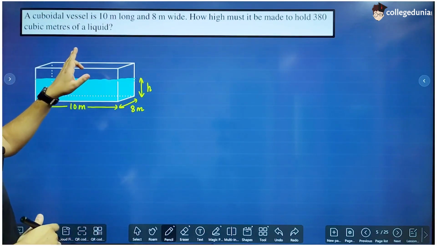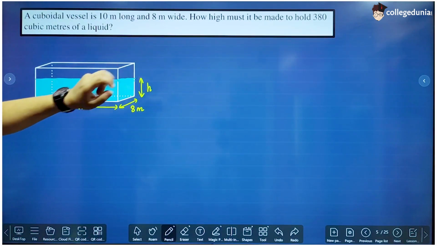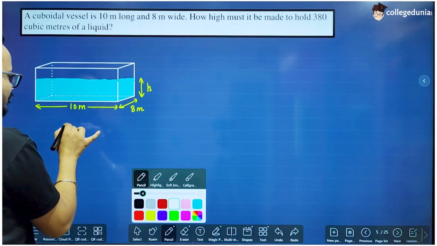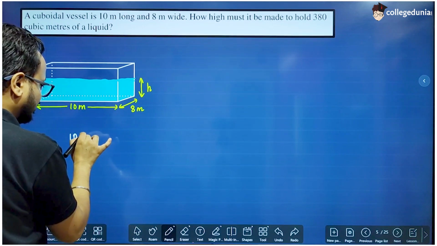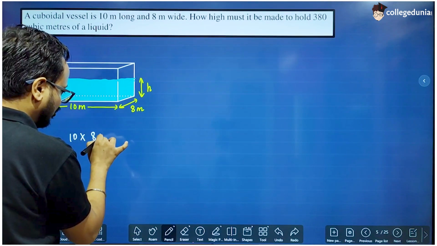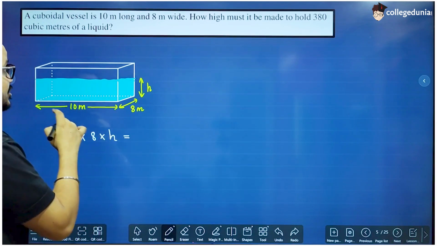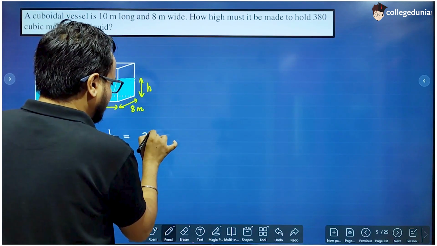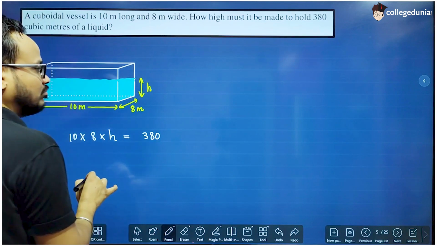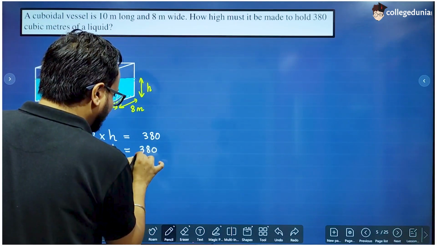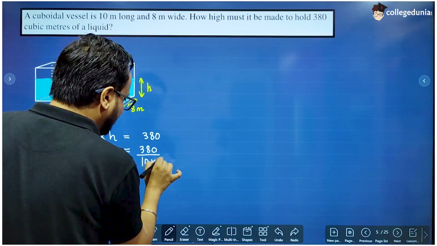So volume of the liquid is what? Volume of liquid is 380 meter cube, and the volume of cuboid is what? It is length into breadth into height, that we have no idea about, so we have taken that as h, equal to 380. So h is 380 divided by 10 into 8.